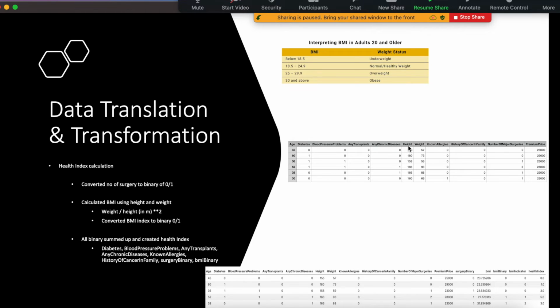My height is in centimeters, so first I need to convert it into meters, then square it, so that weight divided by height squared becomes my body mass index. Using the body mass index, less than 18.5 is underweight. Body mass index between 18.5 and 25 means it is normal.